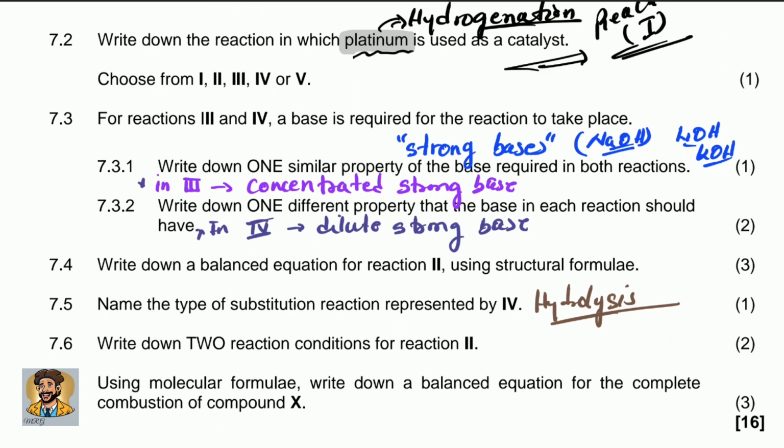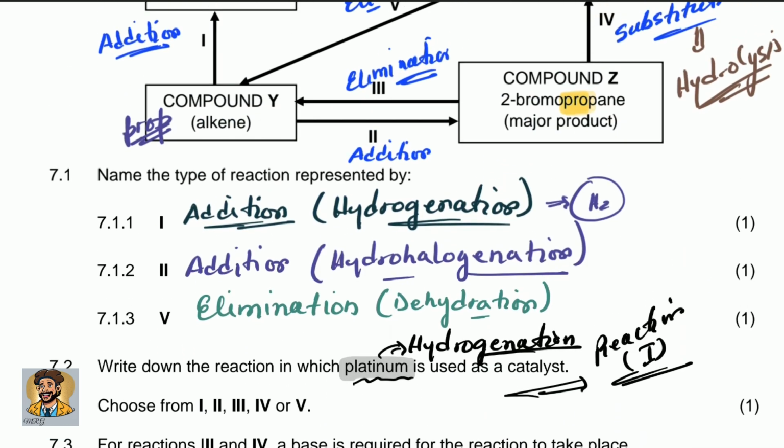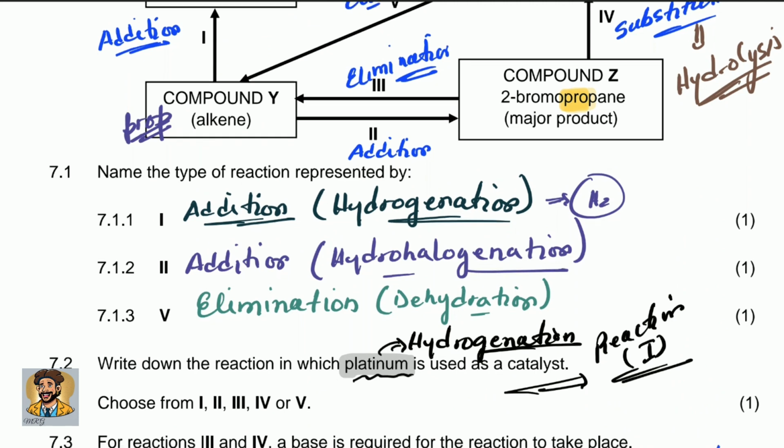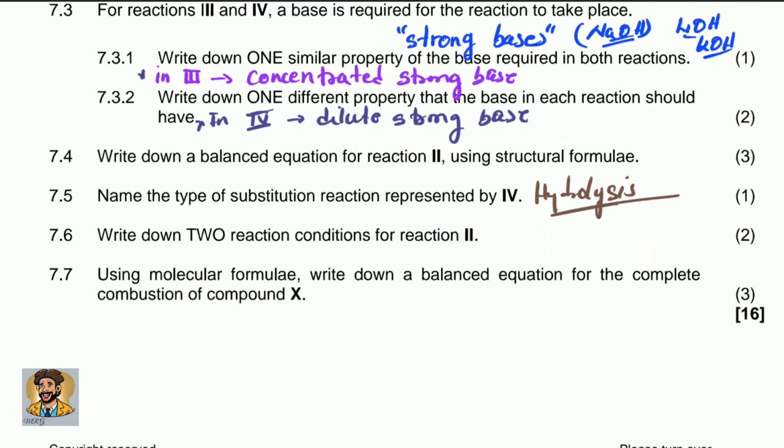Write down two reaction conditions for reaction 2. Reaction 2, we have hydrohalogenation. So you have to make sure you identify the reaction. If that one was wrongly identified, you won't get the condition, guys. And those conditions, first, you need an unreactive solvent during the hydrohalogenation, and they cannot be water.